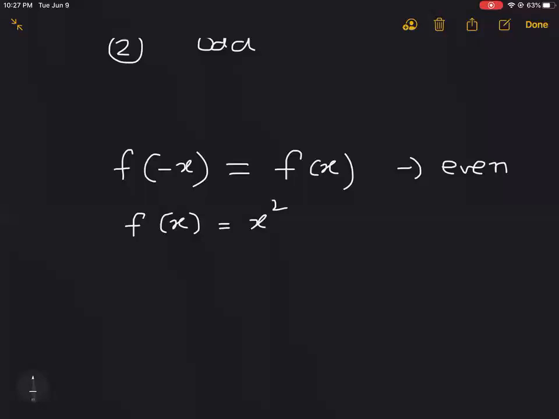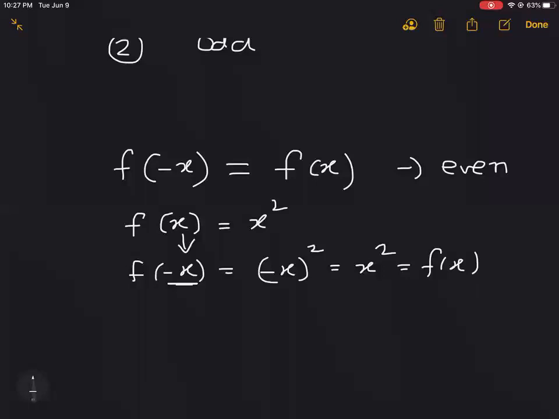So what should be your f of negative x? We'll just replace this x by a negative x, right? So this is still going to be x squared, and this is exactly f of x. So as you can see, despite the fact we have replaced our x by a negative x, we're actually getting the same result. So we'll call this even, okay?